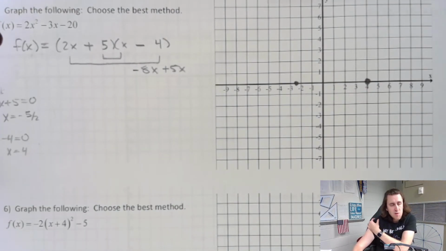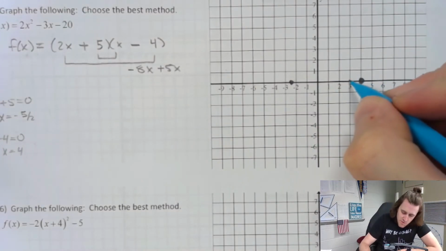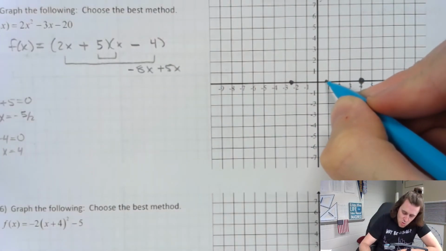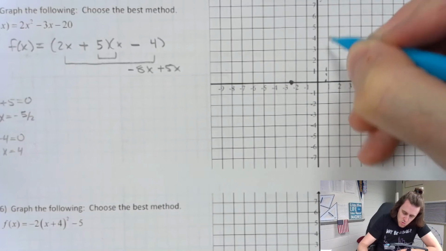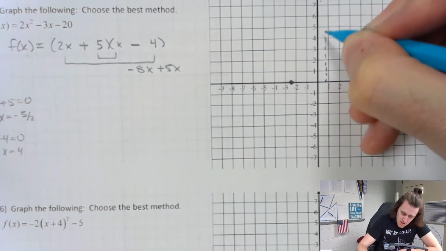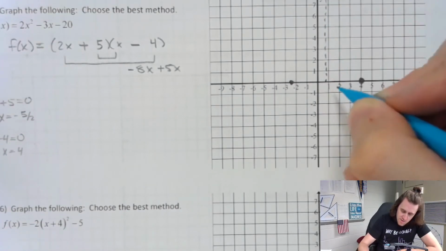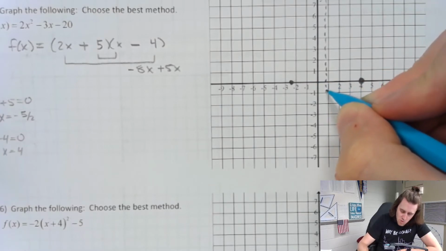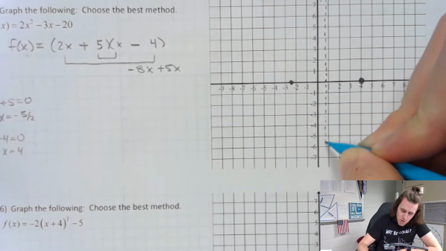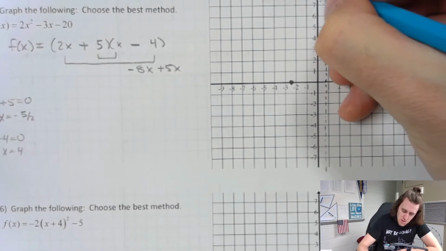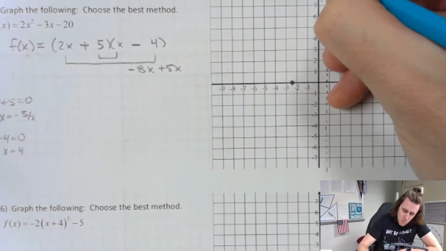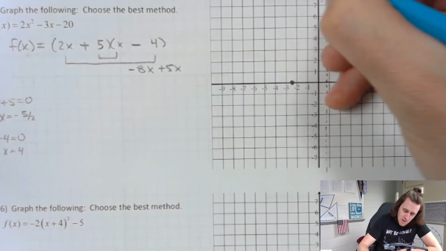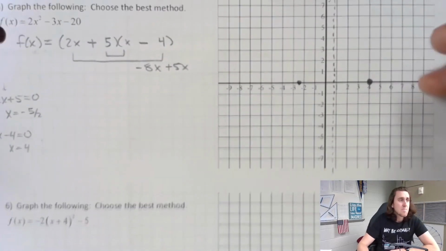That's half of 6.5. So if you go over 3 1/4, we'll be here. So 1/4 of the way from 1 to 0 would be at 0.75, or 3/4. That's our axis.